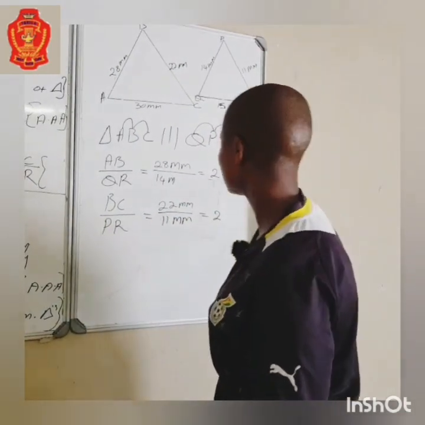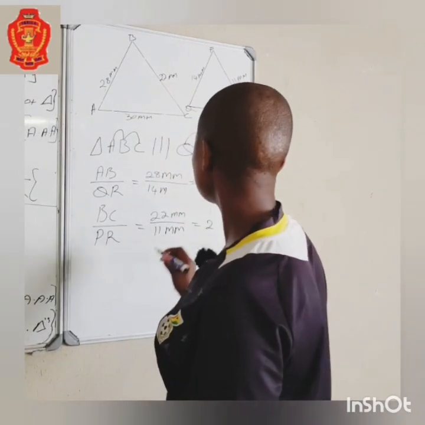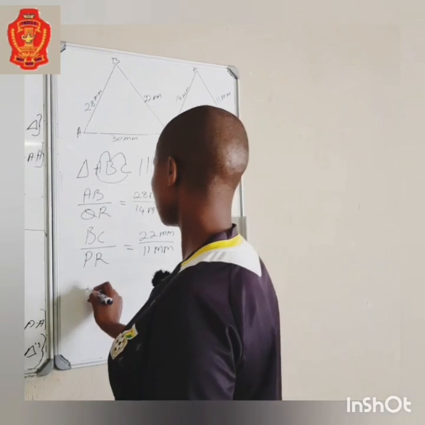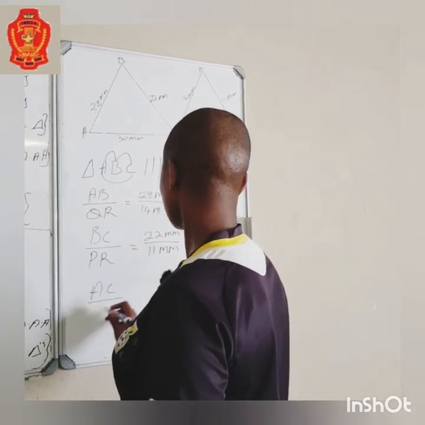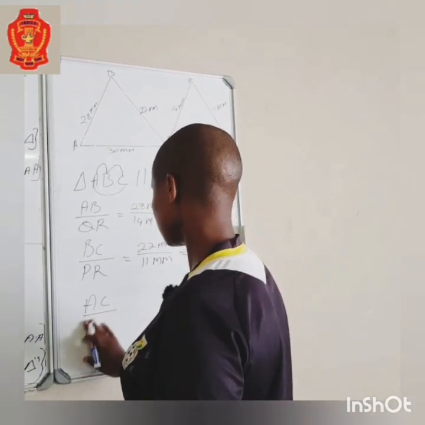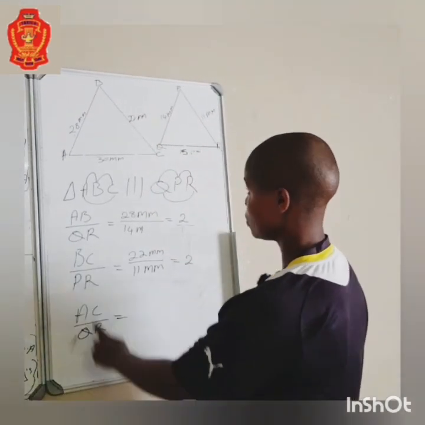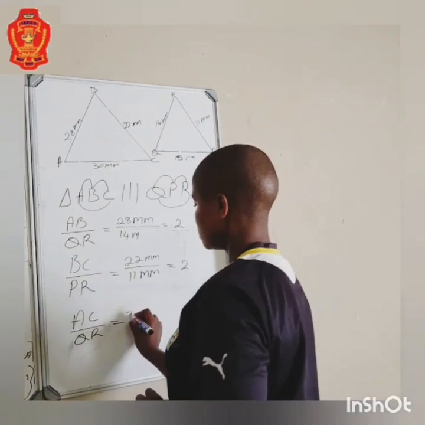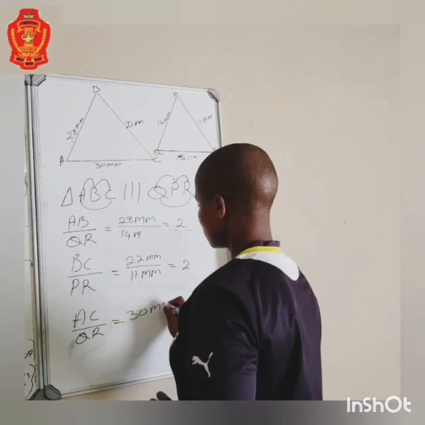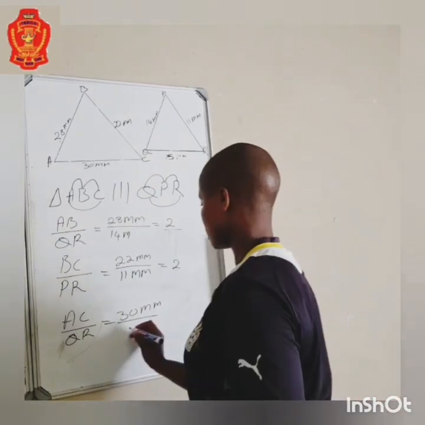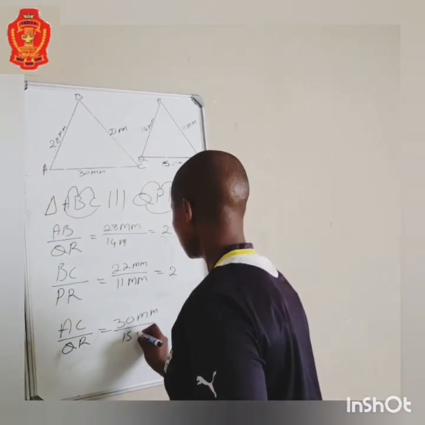It gives us 2. And now we're moving on to the order AC divided by QR. Now we are substituting the values. AC is 30 millimeters divided by QR, which is 50 millimeters.